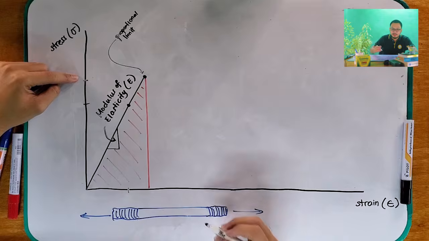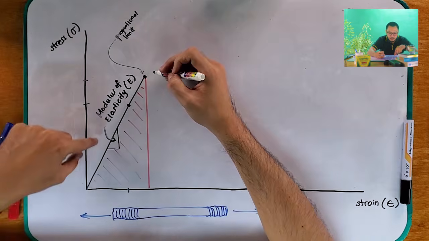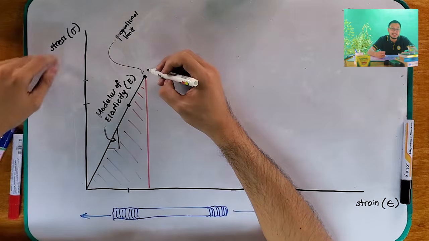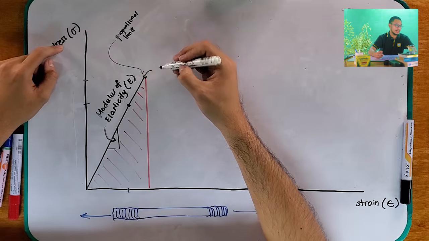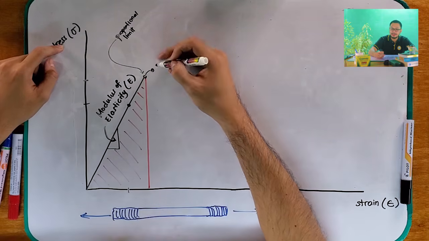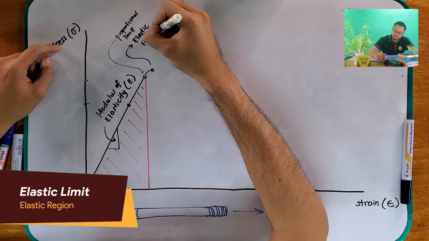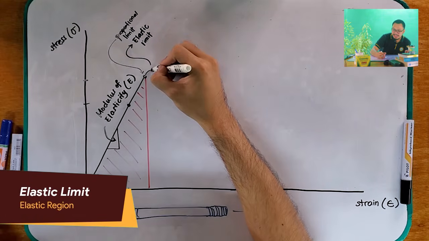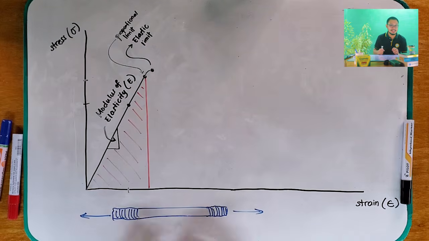Ato na pod dugangan og stress ang kaning atong specimen. So nisaka na pod, but ni end na ang iyang pagka-proportional, ni end na iyang pagka-straight nga line. So therefore ni curve na siya gamay. And this point here is your elastic limit. So diri na ni end ang pagka-elastic sa imong specimen.